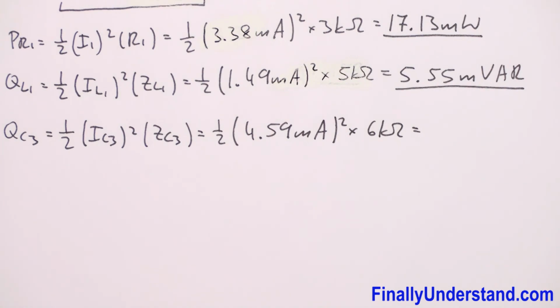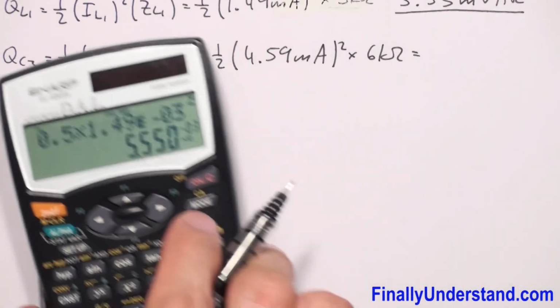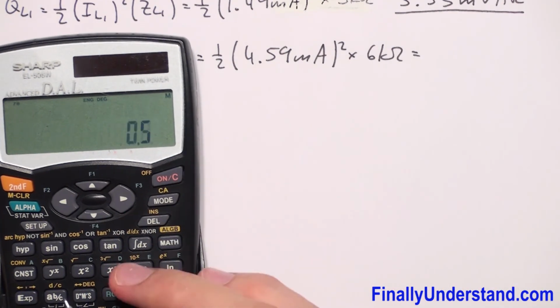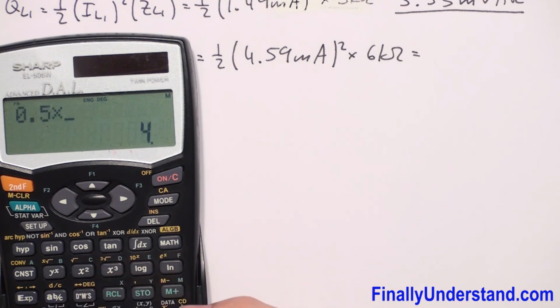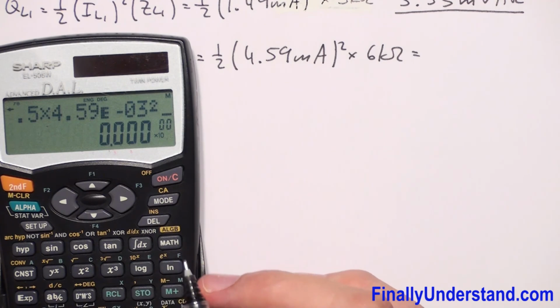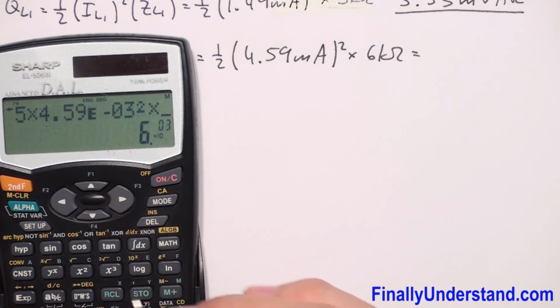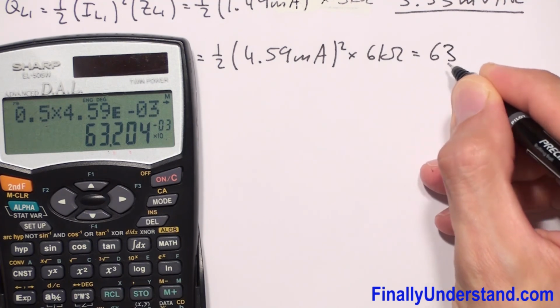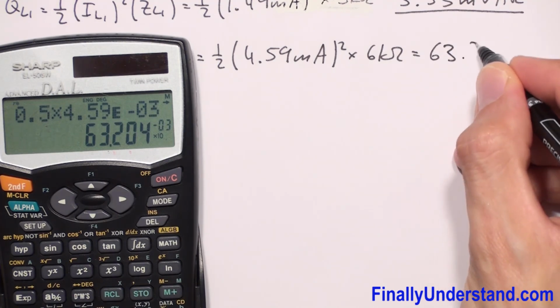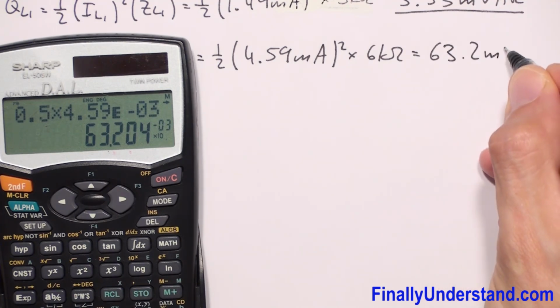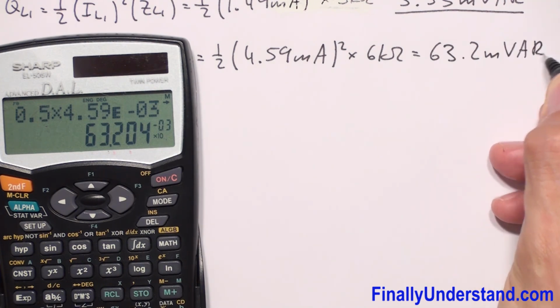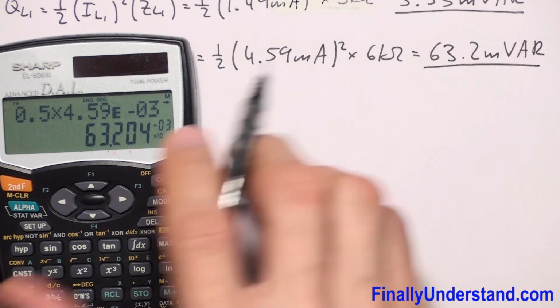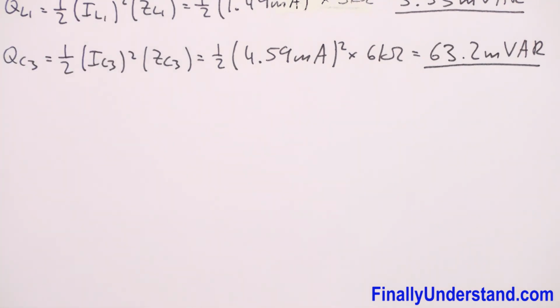So this is equal to 0.5 times 4.59 times 10 to the negative 3, to the second power, times 6 times 10 to the 3, equals 63.2 millivolt ampere reactive. And now we can say that the problem is solved.